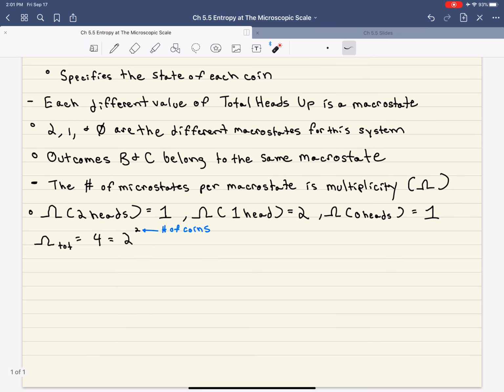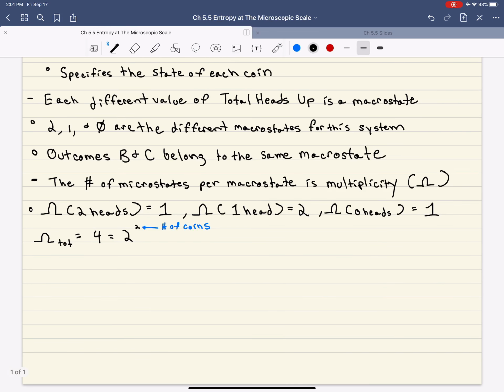And if we know the multiplicity for each macrostate, and we also know the total number of different microstates that we could get, we could also calculate the probability that we would observe different sorts of macrostates.